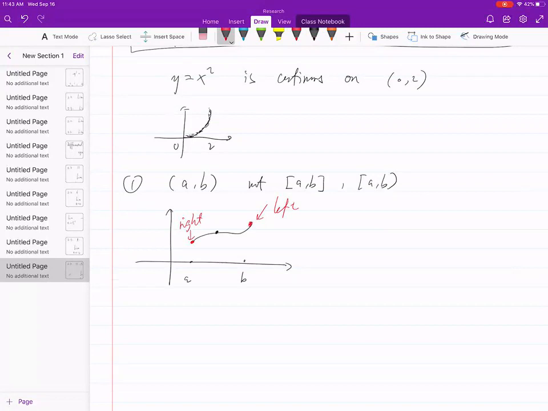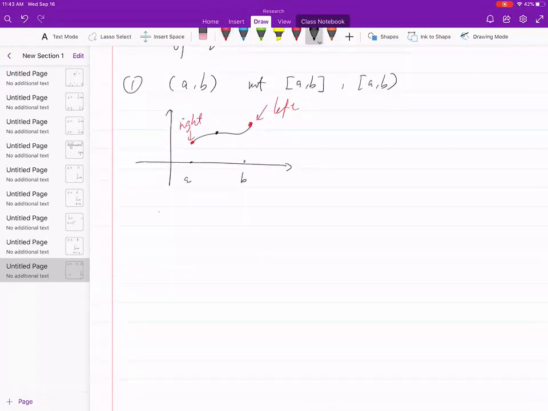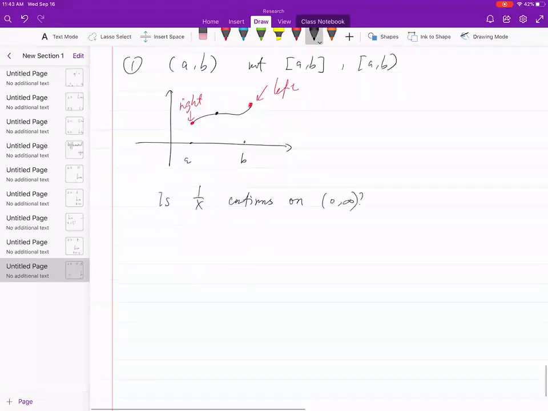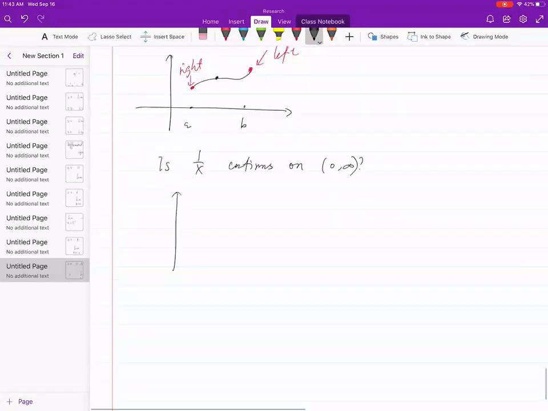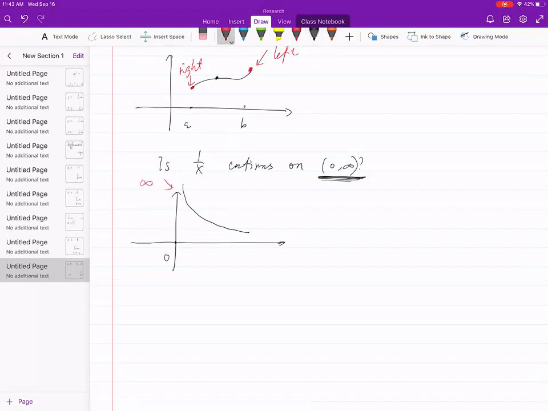That also means, is 1 over x continuous on (0, infinity)? If you take a look, this is the interval. I'm not including 0, and the behavior at 0 is really bad. You have infinity.